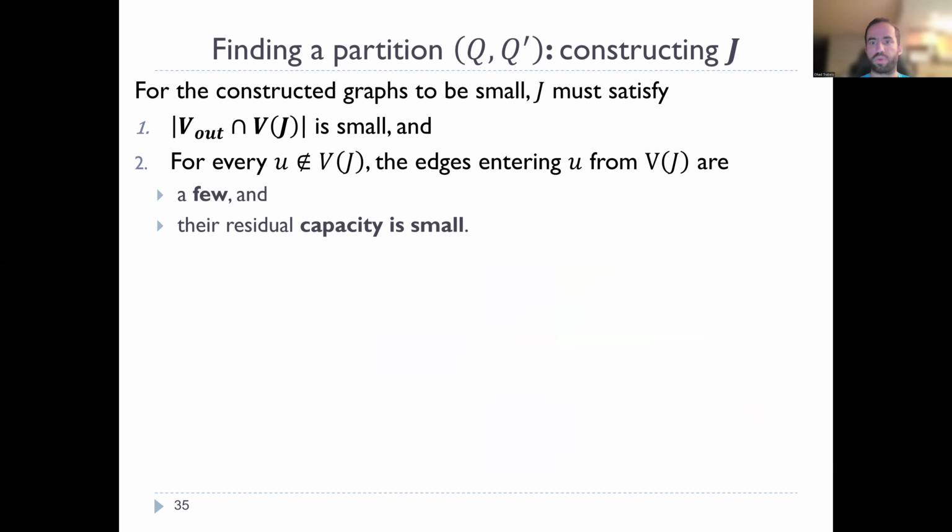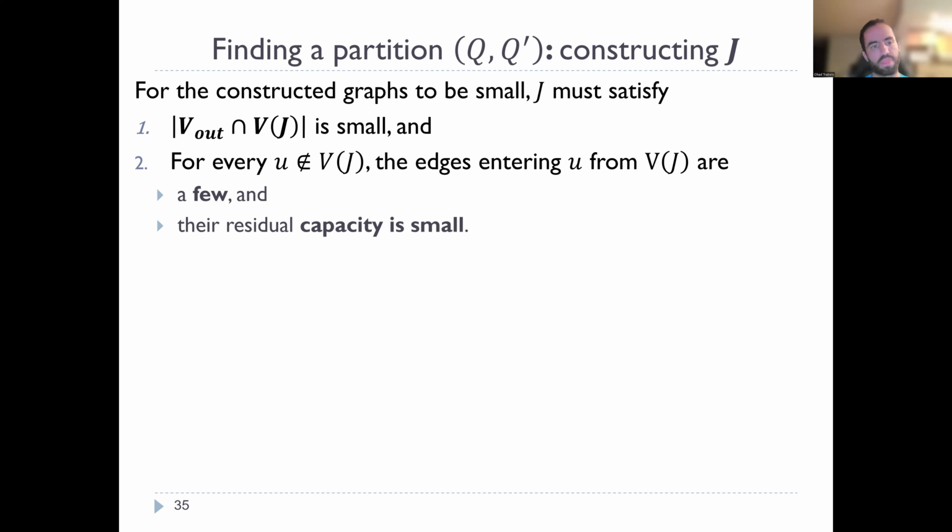Now, how are we going to construct J so that the graph is sparse enough? In order for the constructed graphs to be small, we have that J satisfies the following two requirements. The first one is that it doesn't have a lot of out copies, okay?